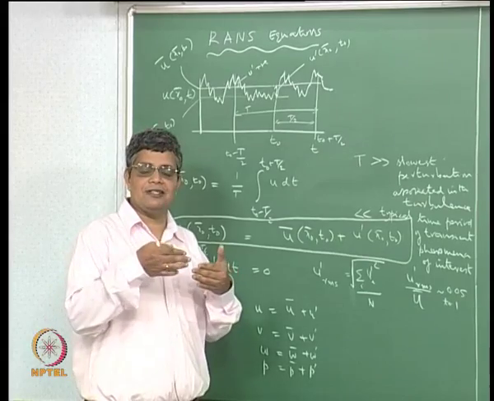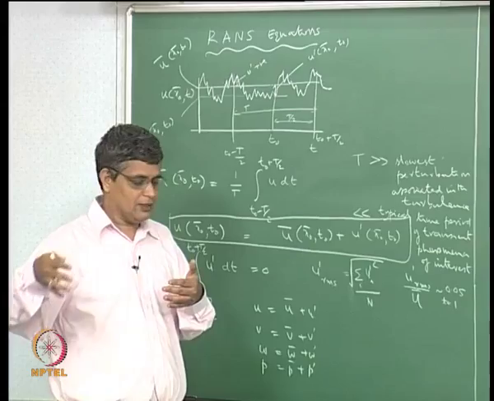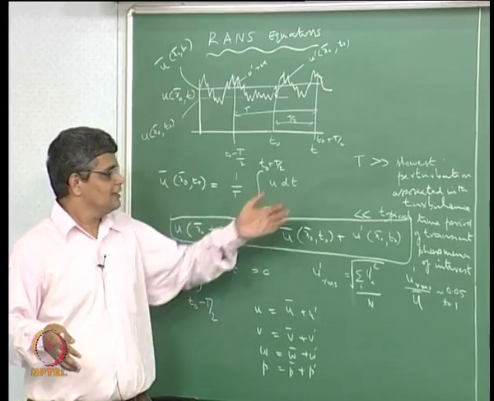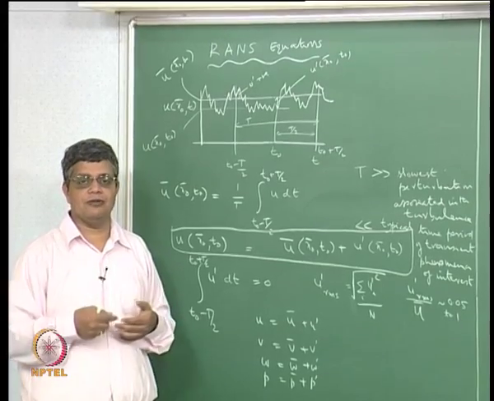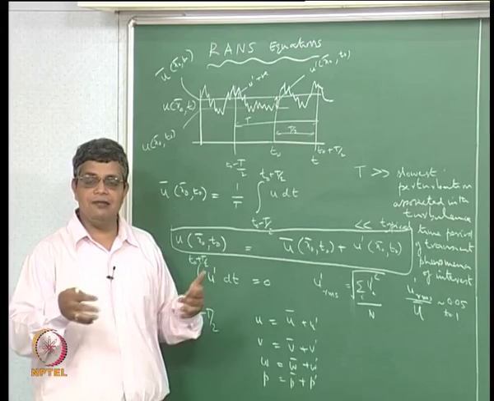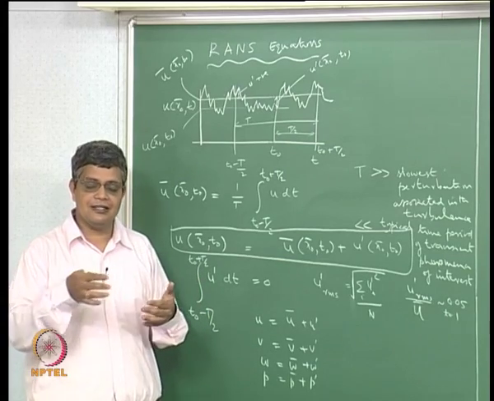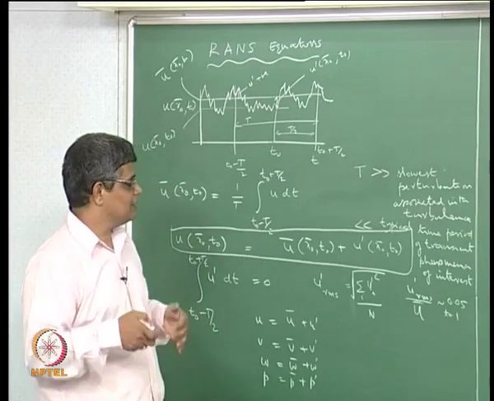Obviously the averaging period has to be much less than the daily variation or the monthly variation. If we are interested in a monthly variation, the time period of averaging can be maybe over a day or maybe a couple of days, and if it's a daily variation that we are interested in, then it has to be definitely of the order of 1 hour or half an hour, like that.